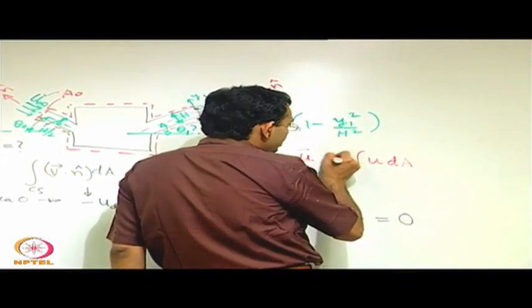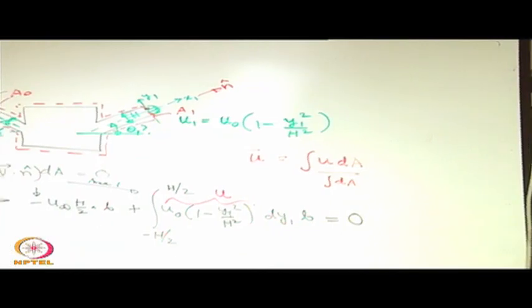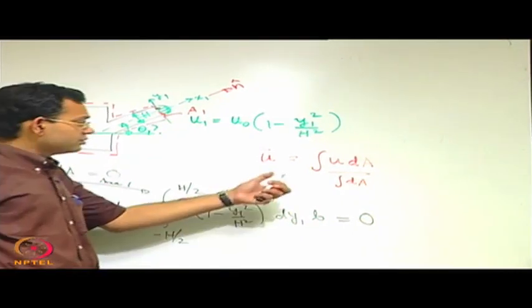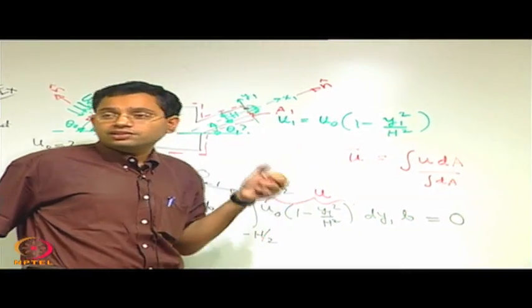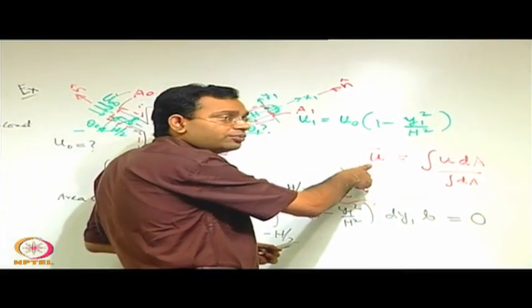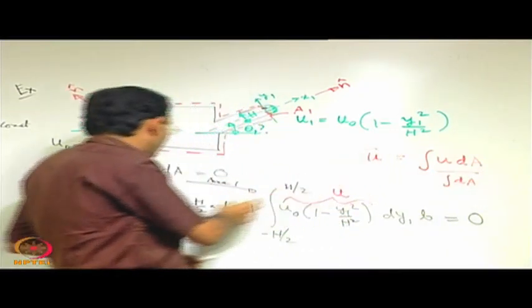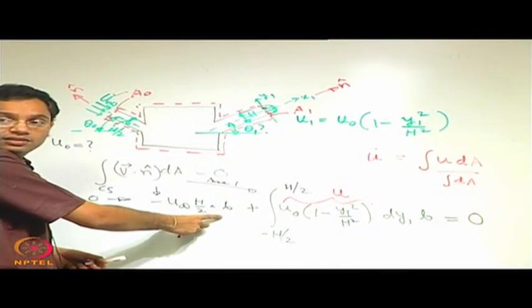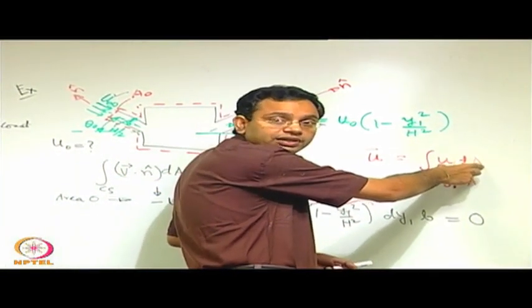So, average velocity is this divided by the area. That means if this velocity was uniform but the same flow rate was there, then that uniform velocity times the area will give you the flow rate, that is what the first term has told us, and if it is not uniform obviously you have to integrate it to get the flow.